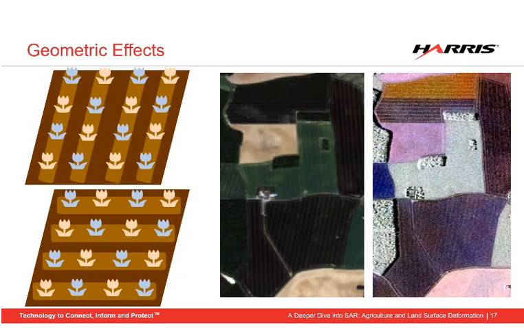Things such as direction of rows or the patterns of planting affect the response that we're going to get from our SAR sensors. This means that you might be looking at two fields of the exact same plant that are going through growth stages at the same time, but because one has horizontal rows and one has vertical rows, the responses might look different between the two.